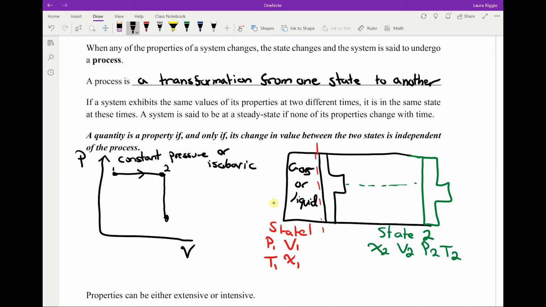A vertical straight line is constant volume, or isometric. And in this case, a curved line like this is isothermal, which is constant temperature.